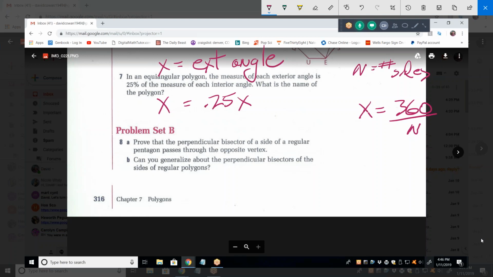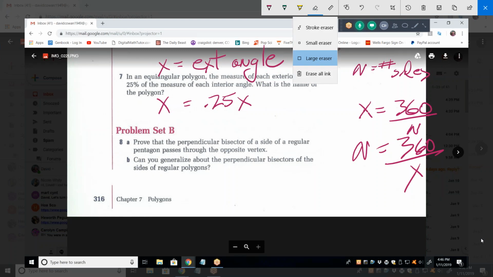We also know that if we take the exterior angle, n is equal to 360 divided by X. Do I have that correct? Let's see.